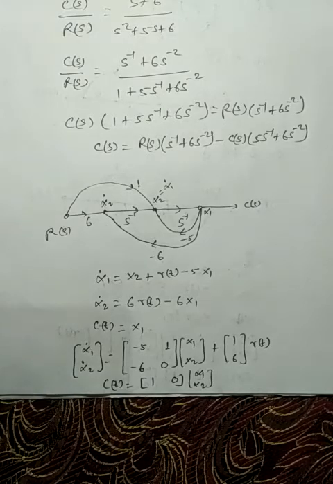This is our observable canonical form, direct decomposition to observable canonical form, right? So in this way I can convert or decompose my transfer function into controllable canonical form and observable canonical form.